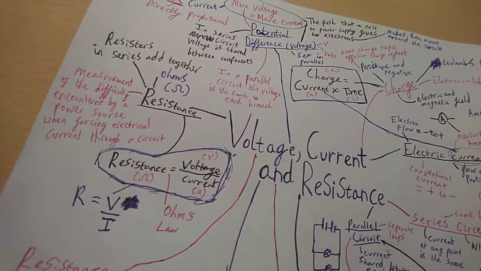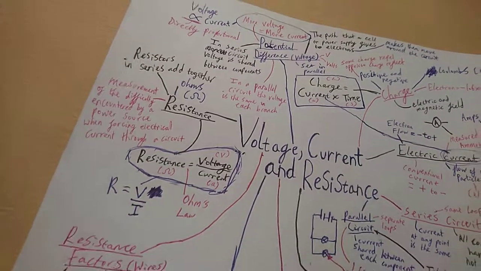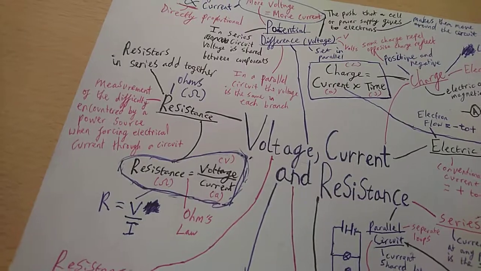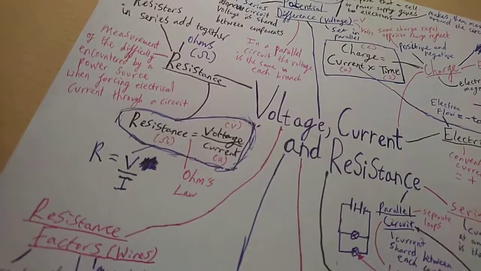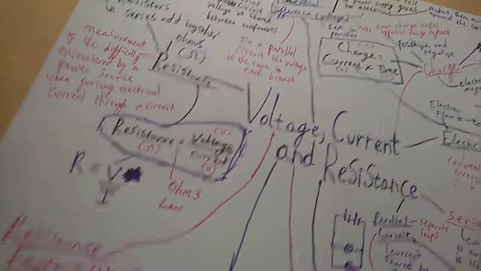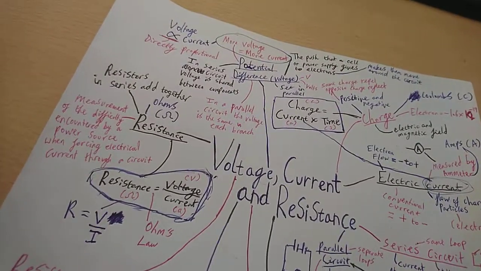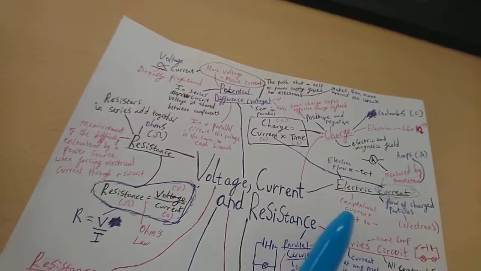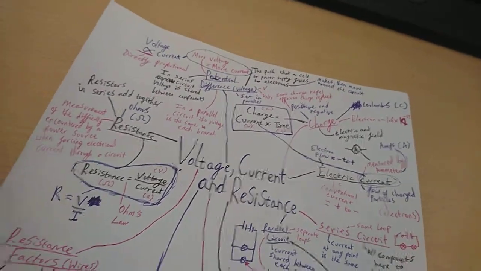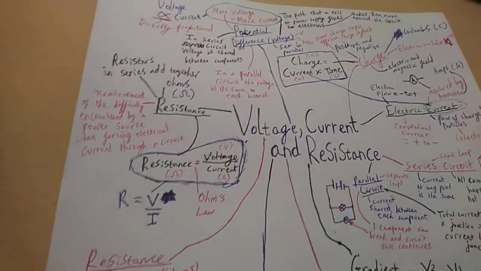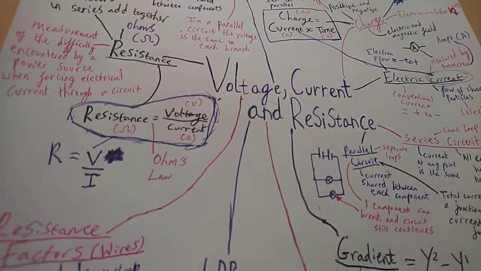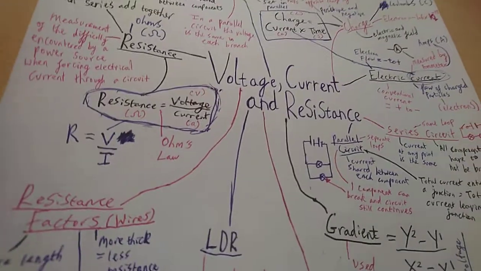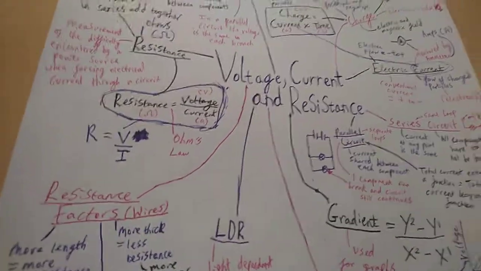The resistance equals the voltage divided by the current, which is Ohm's law, R equals V over I. Current is called I. The voltage is the push given, and the current is the amount that actually starts off. The resistance is how much is cut off that. So say the voltage was 8 and the current was 2, then the resistance would be 4, because 8 divided by 2 equals 4. It's an example of Ohm's law.